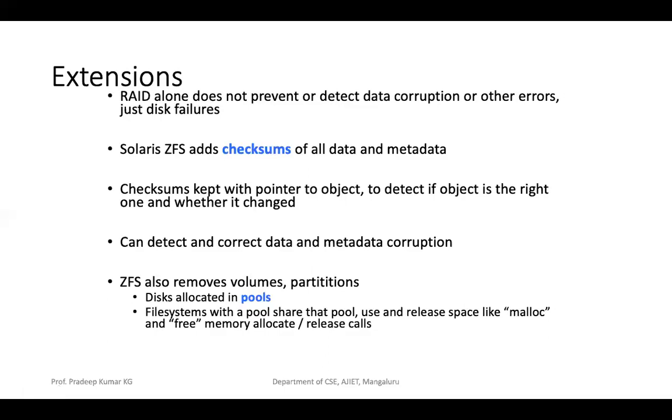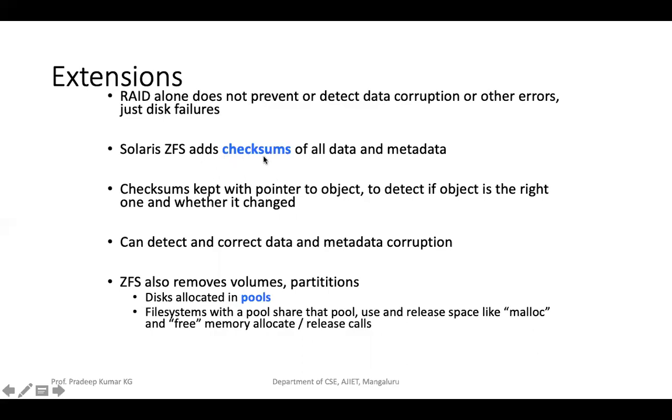Still, we have some extensions. RAID on its own may not prevent or control data corruption or some errors or disk failures. For this particular reason, we need some extra care. That extra care is with respect to Solaris ZFS, which has checksums for all data and metadata, and error correcting codes.